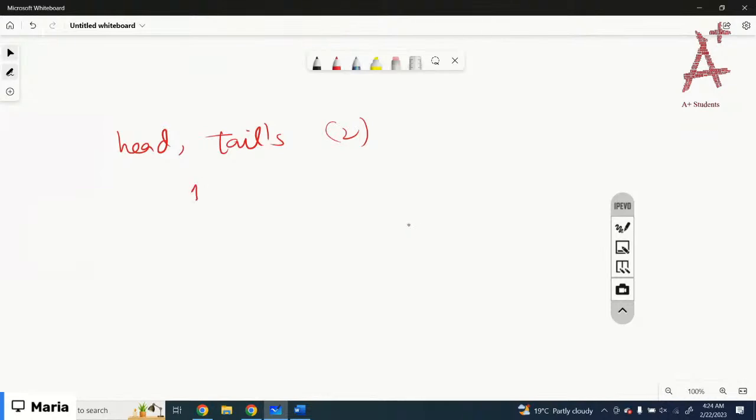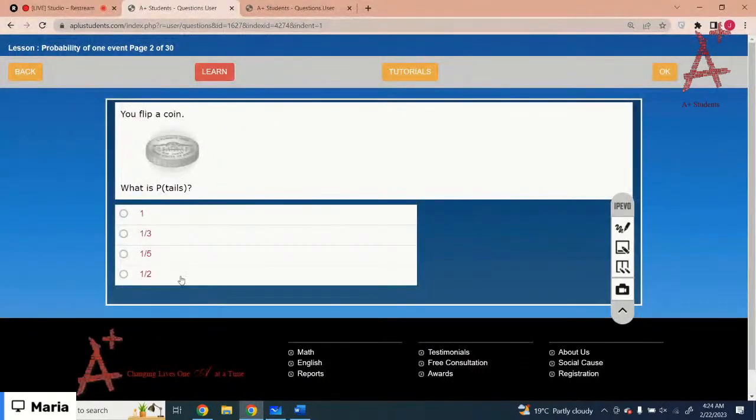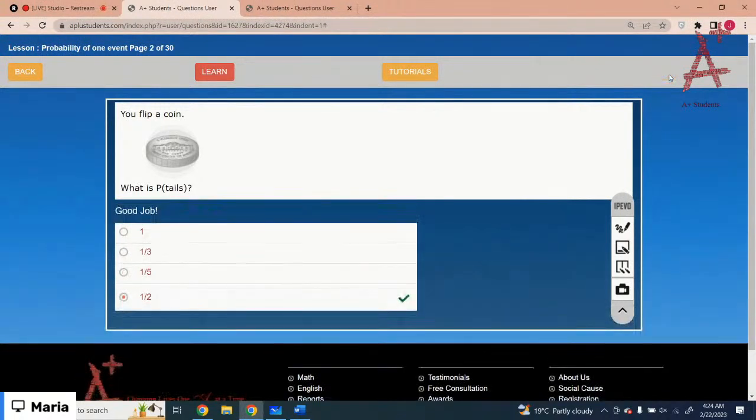So the probability of getting tail is 1 out of a total of 2, so 1 over 2. Got it? The correct option is 1 over 2.